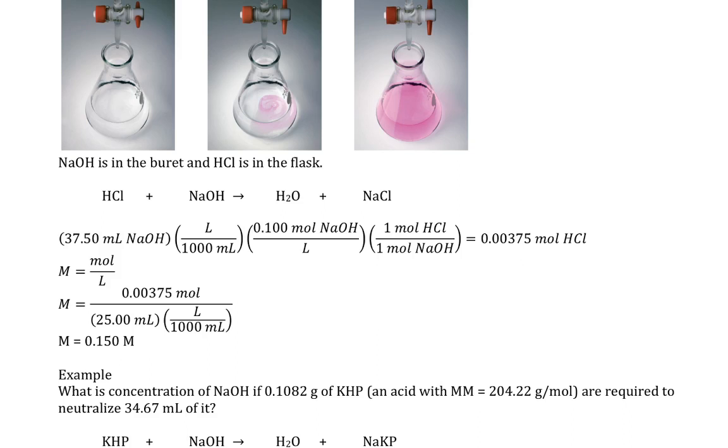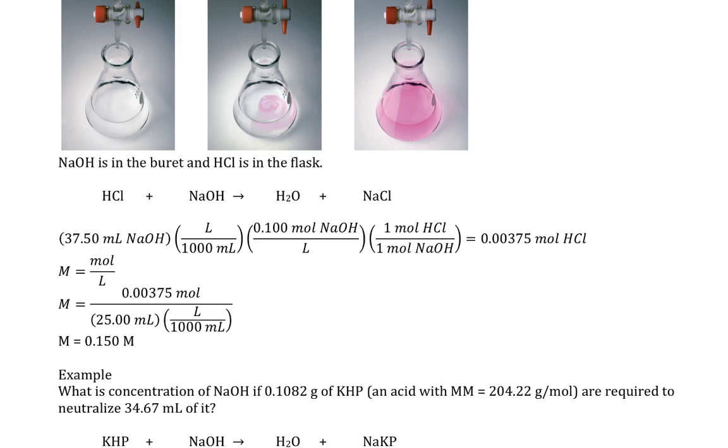Alrighty, so we take our 37.50 mLs of NaOH, we convert that to liters, and then we multiply by the molarity of the NaOH, 0.100 moles NaOH per liter. Now we're at moles of NaOH. Then we use the mole ratio to jump from moles of NaOH to moles of HCl, 1-to-1, and we have 0.00375 moles of HCl in our flask initially.